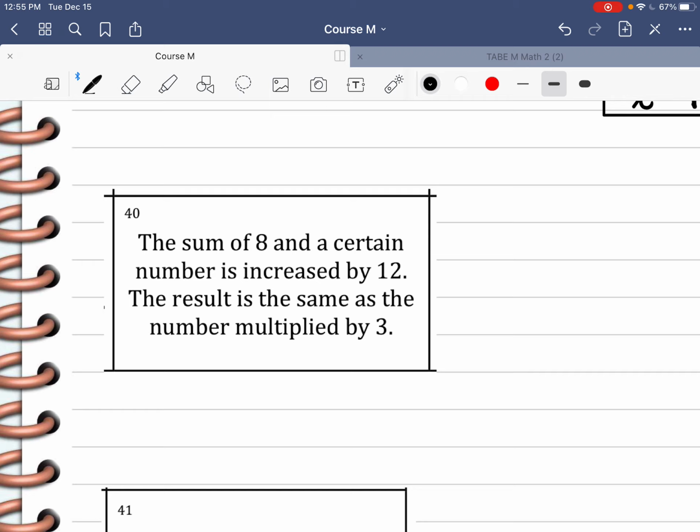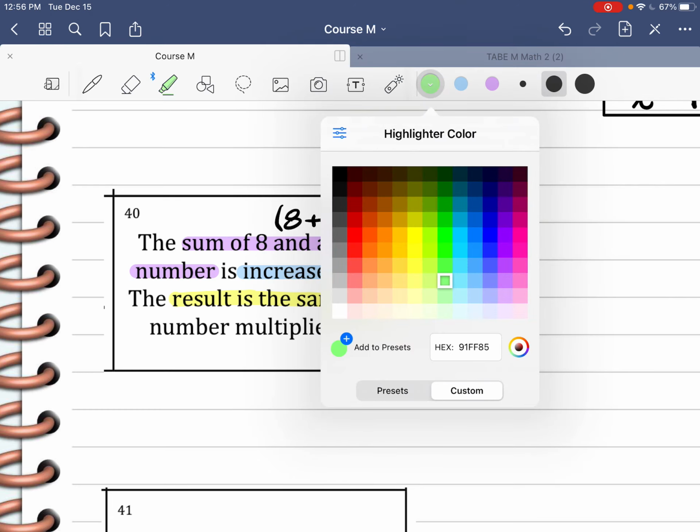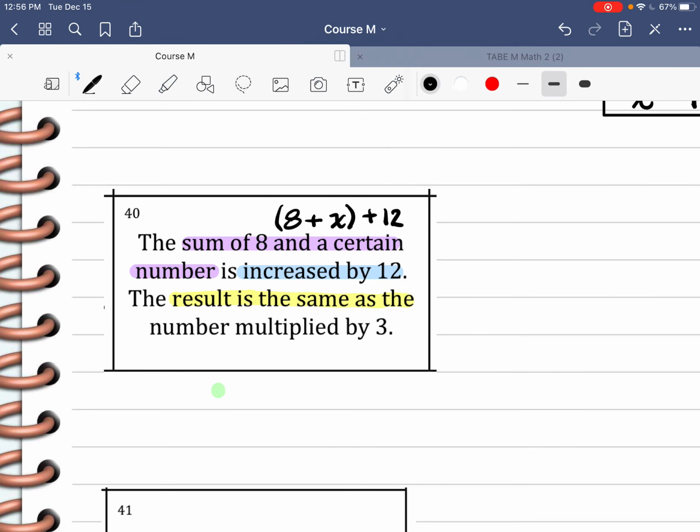Number 40. The sum of 8 and a certain number, so that's 8 plus x, that's the sum, is increased by 12. So increased by 12 is adding 12. The result is the same as the number multiplied by 3.